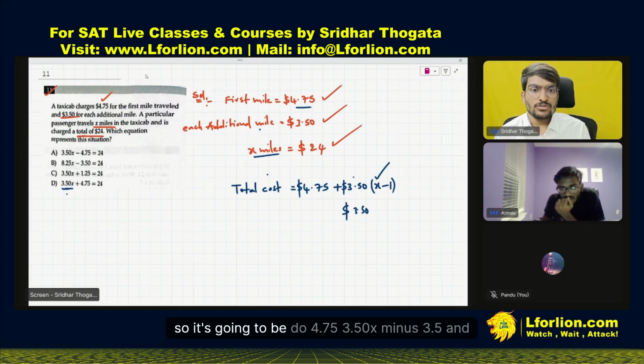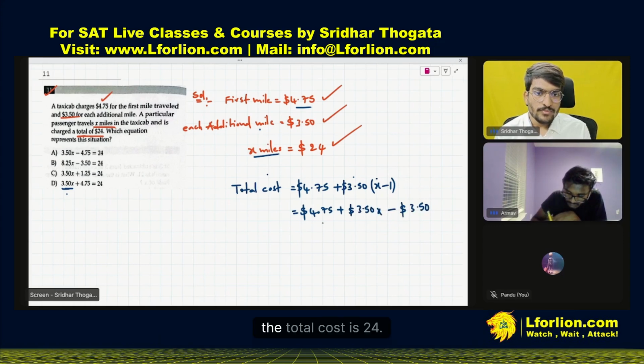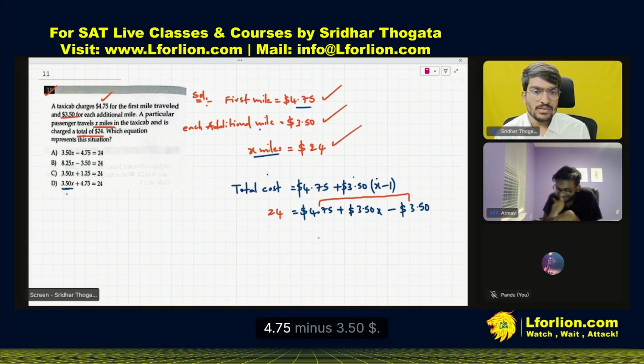So it's going to be $4.75 plus $3.50x minus 3.50, and the total cost is 24. We know that already. Then you do the operation 4.75 minus $3.50.